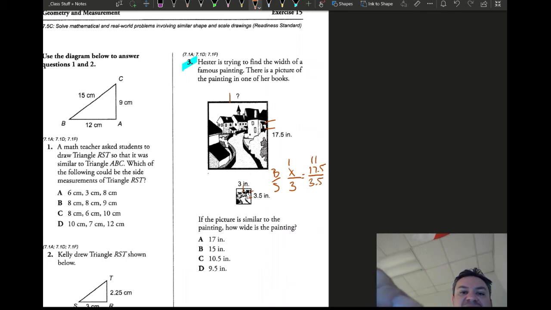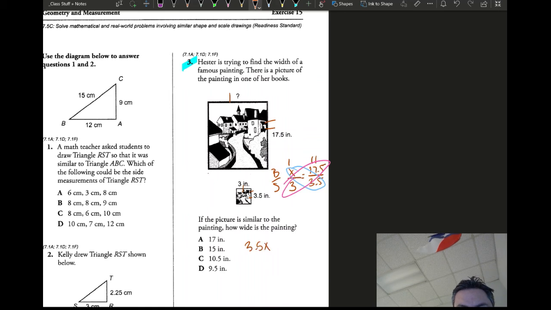The only difference is that we have decimals. And of course, you can always expect to see decimals on the test. So you're going to have 3.5x equals 3 times 17.5. When you multiply those two, you get 52.5.